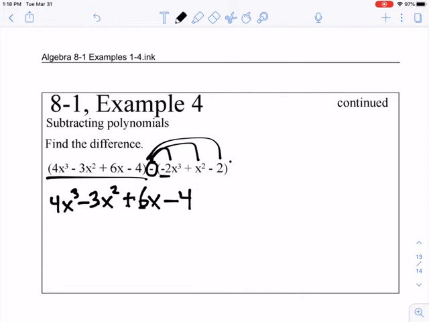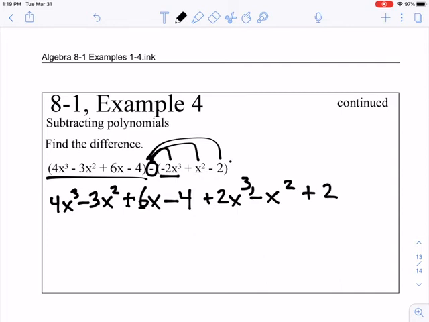So if you're starting with a negative 2x cubed, that minus sign outside tells me that's going to become positive. This x squared, which was positive, is now going to become negative. And then this negative 2 is now going to become positive.